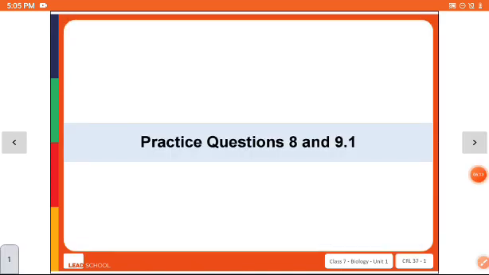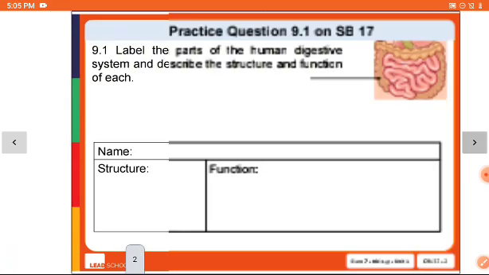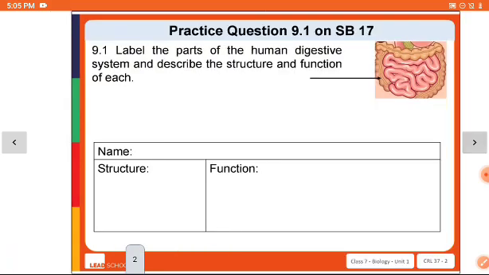So students, after the large intestine, we practice some questions, number 8 and 9.1 on your SB 17. Open your supplementary book SB 17. First of all we see slide 9.1.